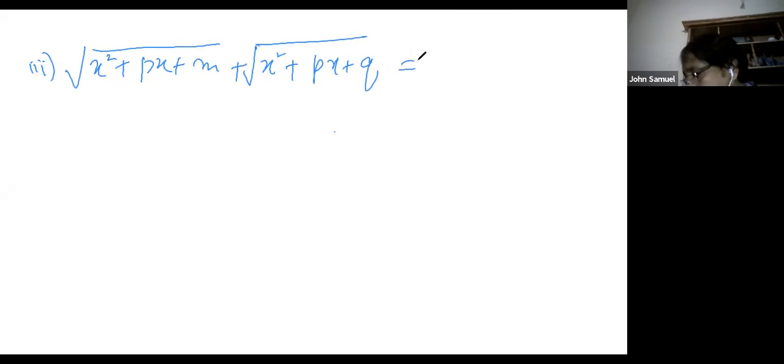Remember, in this third type you will find the same: the first two expressions are the same.